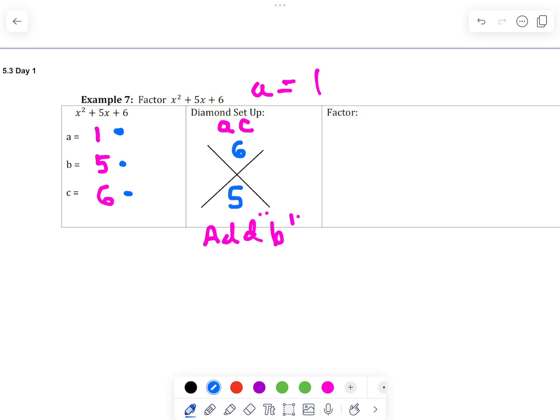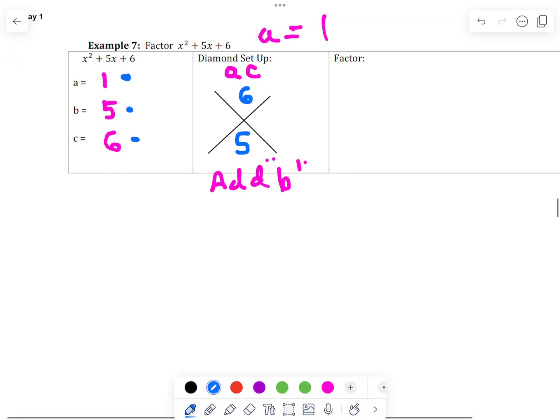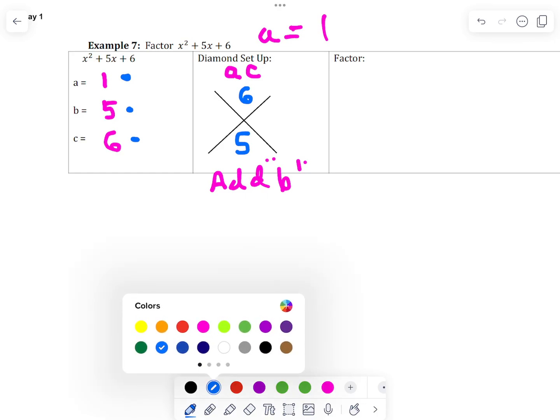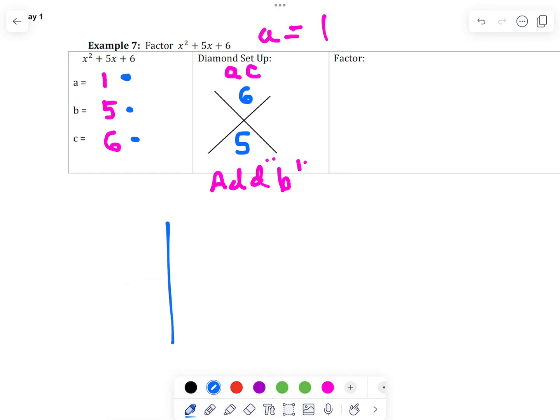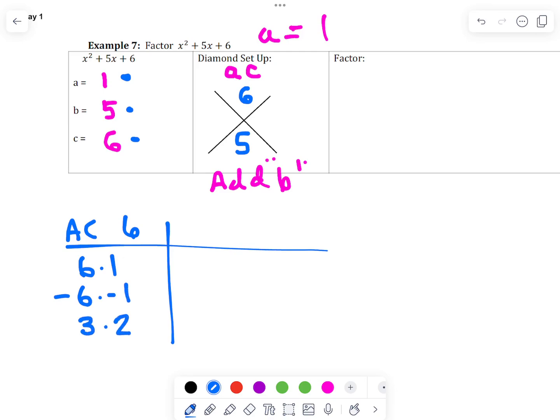And we're looking for numbers that multiply to AC that add to B. So I'm just going to create a little chart here. So AC multiplies to 6. So what are some multipliers of 6? So 6 times 1, negative 6 times negative 1. Positive 3 times positive 2, negative 3 times negative 2.